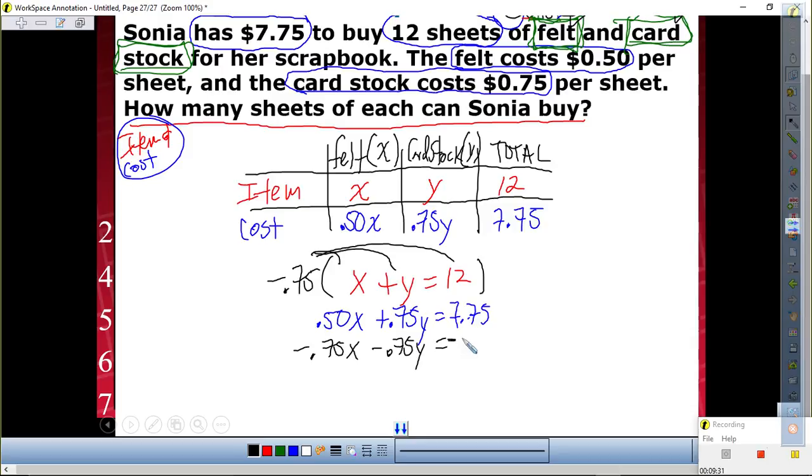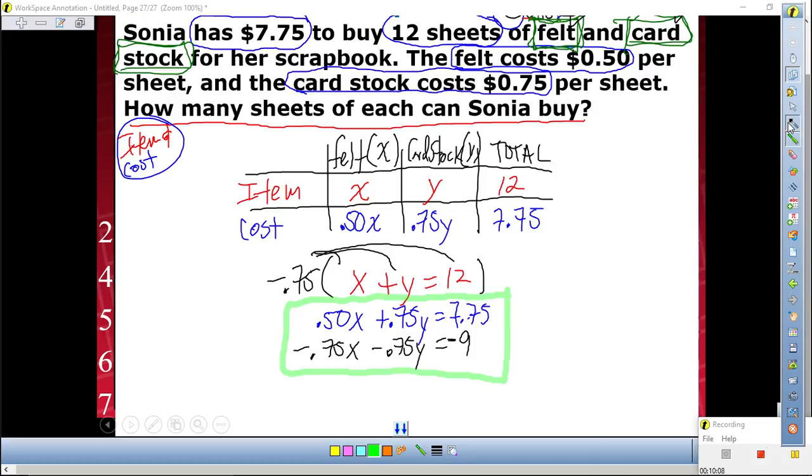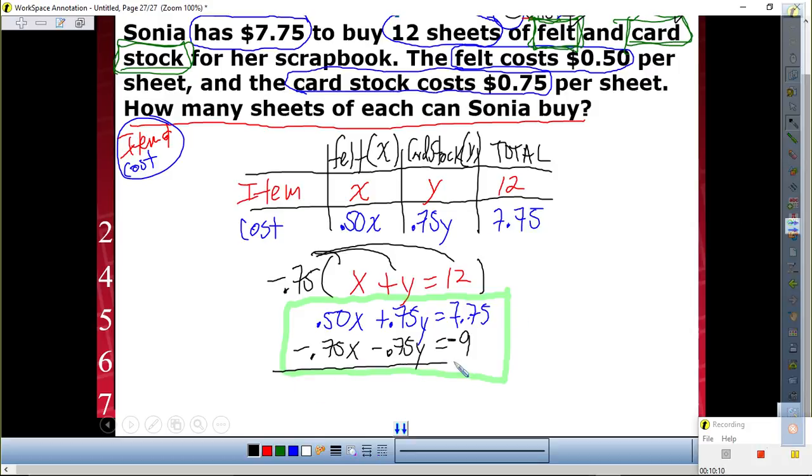Yes. 9. Thank you. All right. So now that we have that, check this out. Now we're going to focus our attention on these two equations in order to eliminate. Yes? So here we go. Which one are we going to eliminate from there? The y. So these eliminate because it's a zero pair.